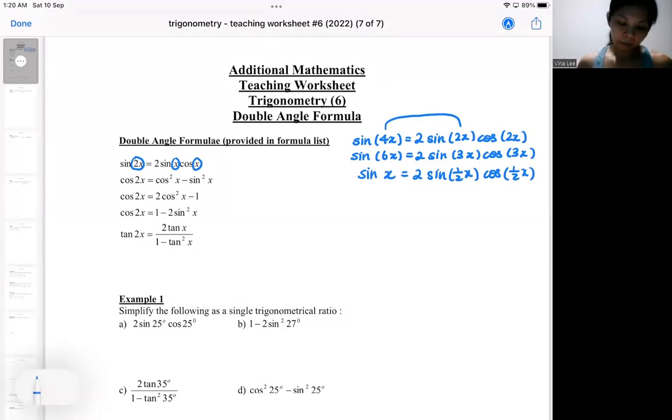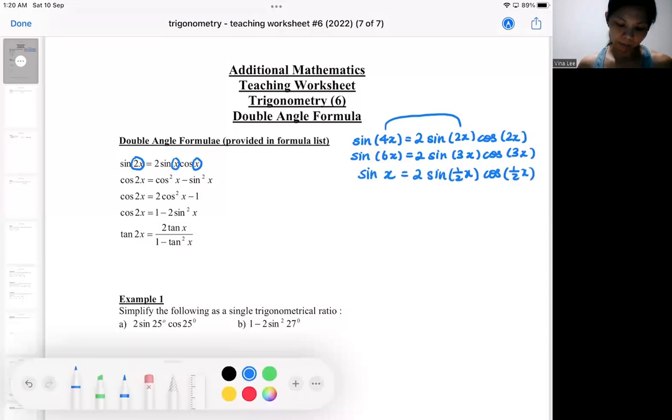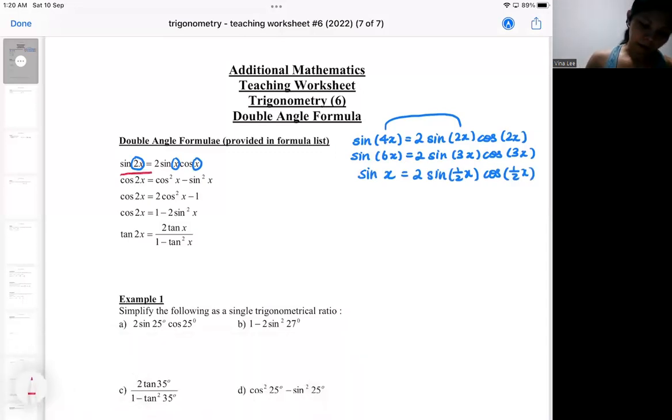Here comes the troublemaker part, which is cosine 2x. There are three of them. So if I'm going to write cosine 4x, I should also have three formulas.